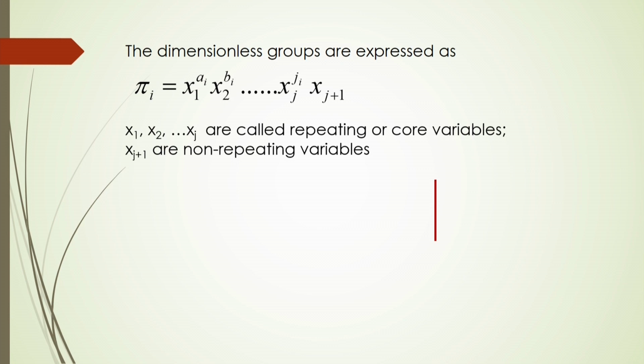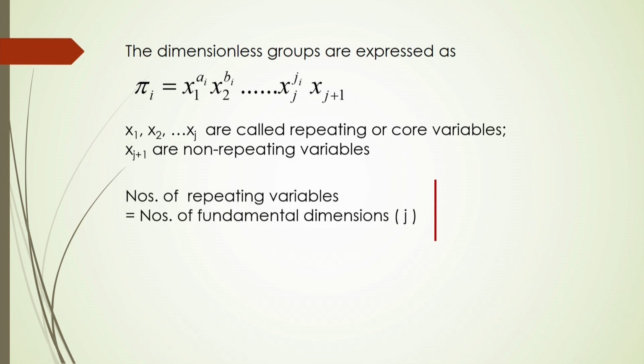As per that formula, n minus j dimensionless groups will be formed, and x1, x2 and xj are called repeating or core variables, and xj plus 1 are non-repeating variables.